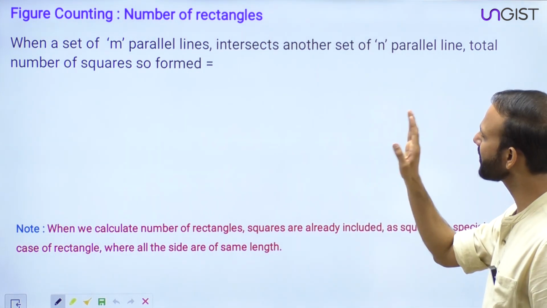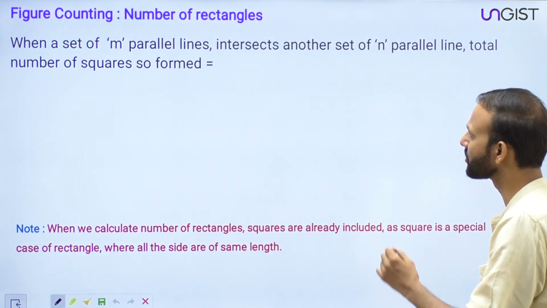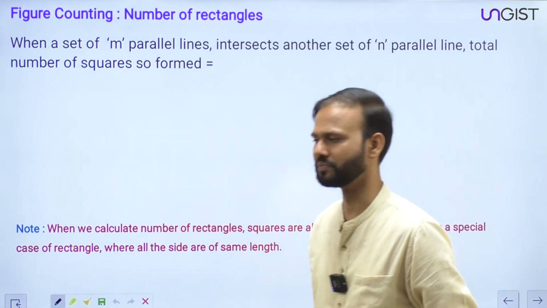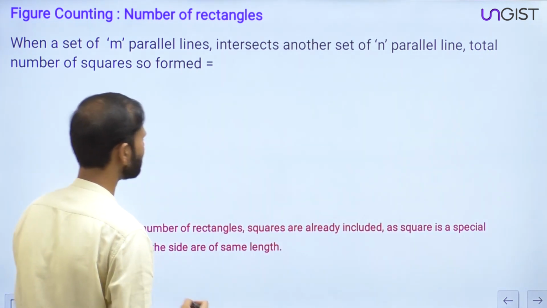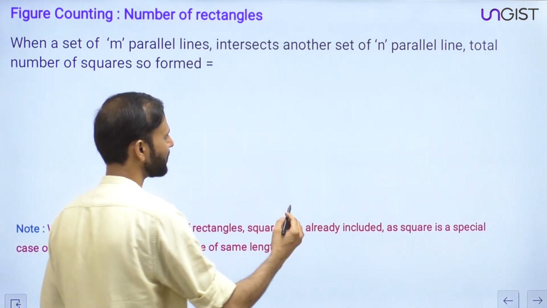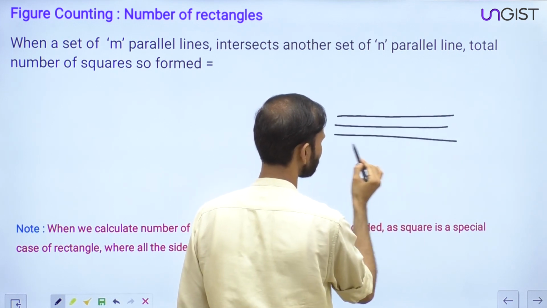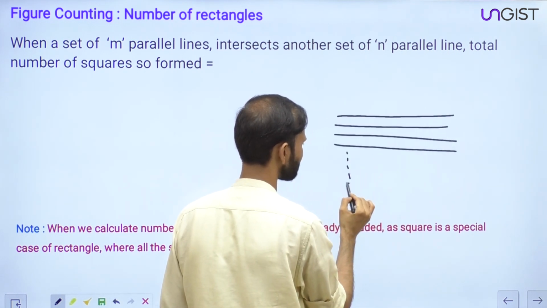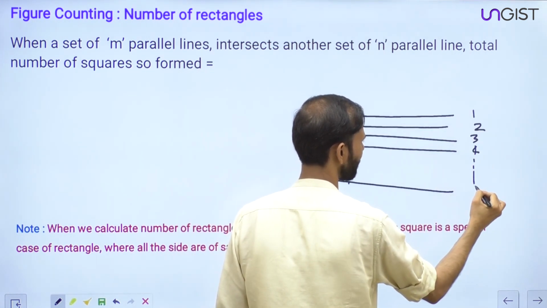I repeat, when a set of m parallel lines intersects another set of n parallel lines, then the total number of squares so formed is equal to, right? Guys, you might be knowing parallel lines. Let's say this is the set of m parallel lines, 1, 2, 3, 4 up to m.